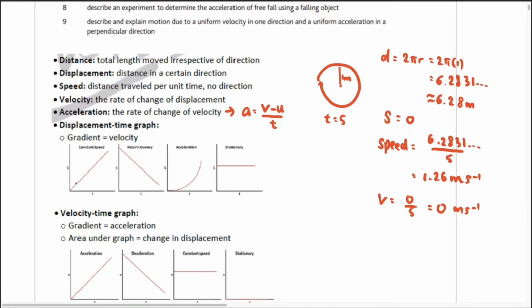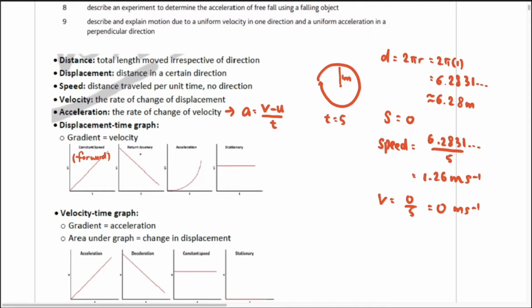So if you see this straight line, it has the same gradient all the way. Same gradient, same velocity. So we call it constant velocity or constant speed. Okay, so constant speed, and this is moving forward, because it's positive velocity.